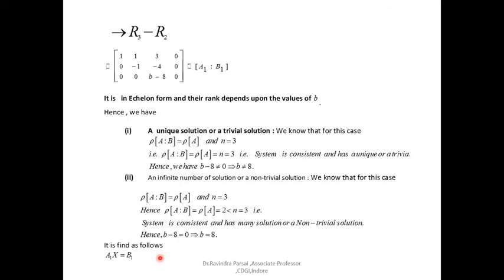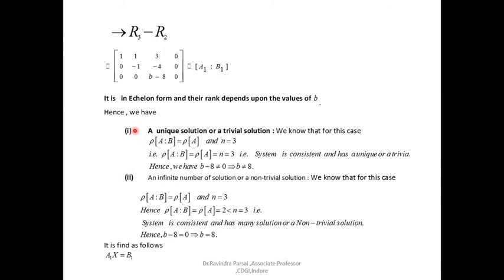So now you obtain these values: 1 1 3 0, 0 minus 1 minus 4 0, 0 0 b minus 8 0. Now this is the echelon form. Now we have the possibilities.